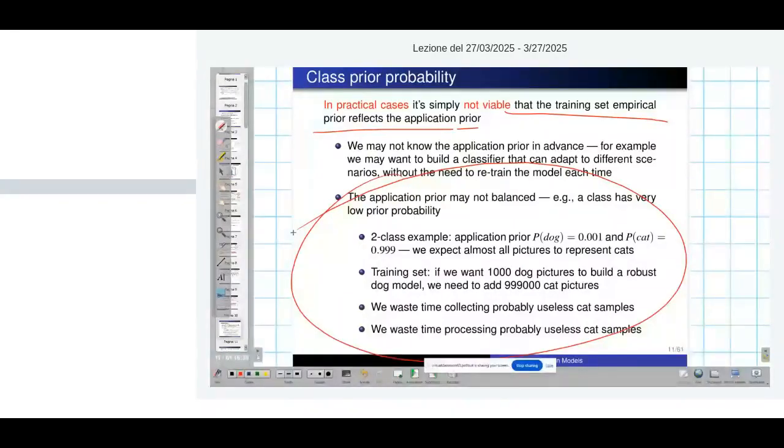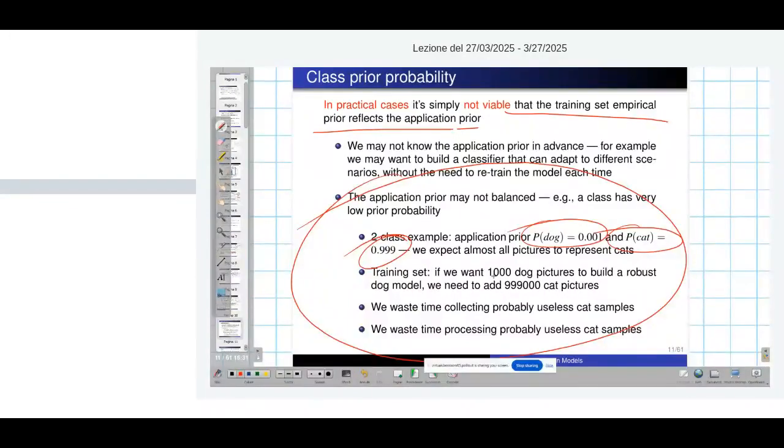For example, imagine that I am much more of a cat lover than I said before, so the probability of a cat is 0.999, probability of dog is 0.001. What does it mean to create an empirical training set which has the same probabilities as empirical prior?